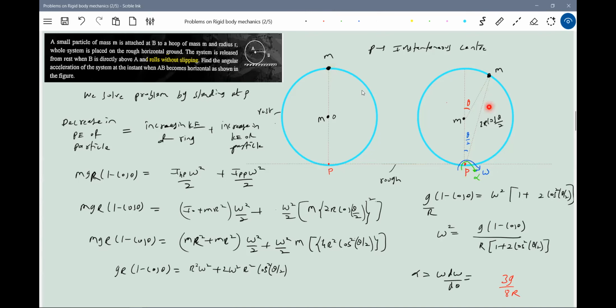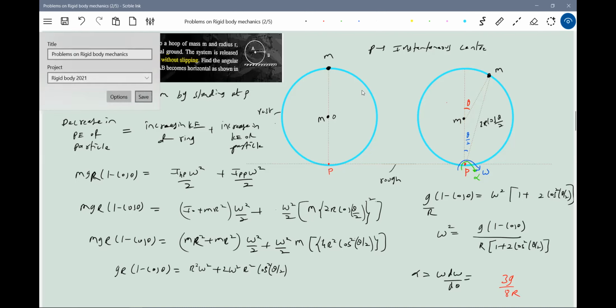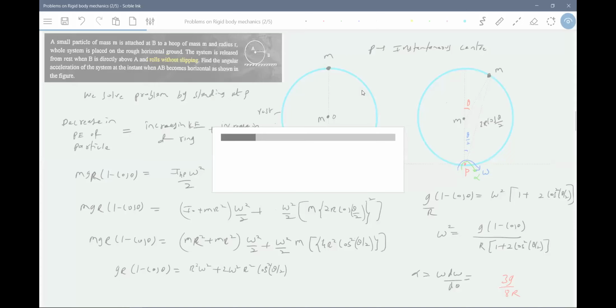But I think taking that mg about this particular point, the friction force will again act and it will accelerate, so solving that is tricky, because the center of mass of the system is here. You have to jump to the center of mass system, not about point P. I think we'll be taking a very big risk if you want to try it.